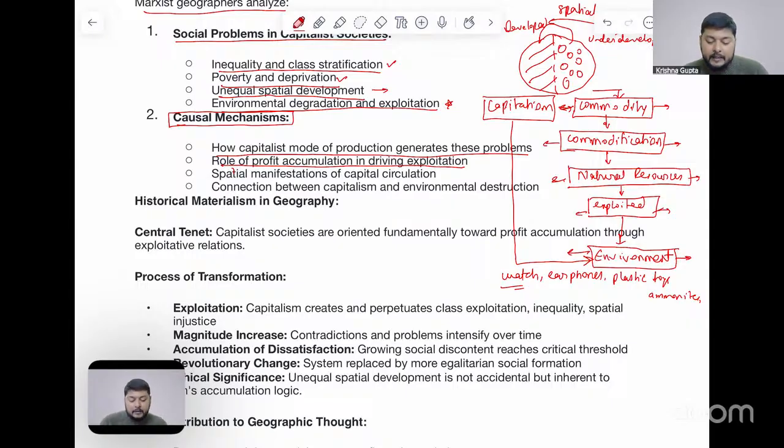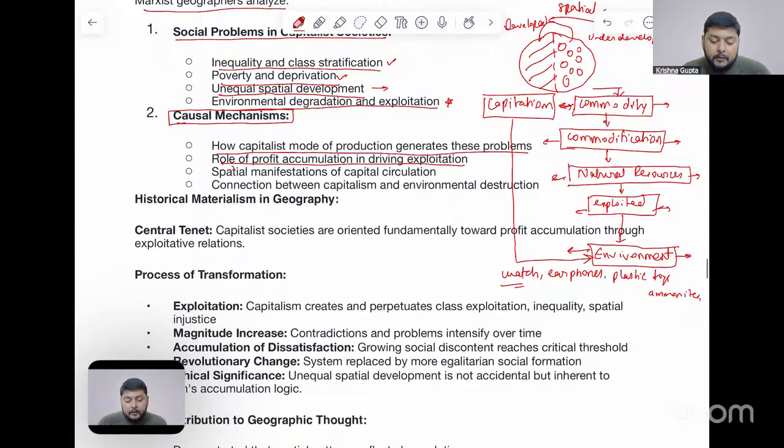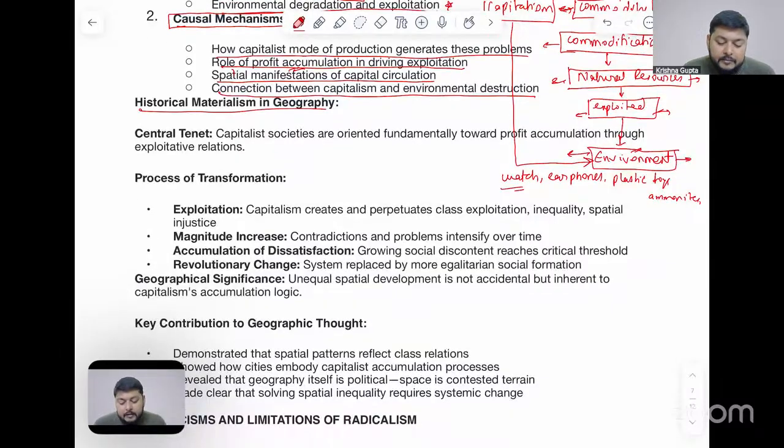Therefore, the role of profit accumulation in driving exploitation is also seen. The spatial manifestations of capital circulation can also be seen by the flow chart that we have drawn here. Then the connection between capitalism and environmental destruction can also be seen, that capitalism is resulting in the destruction of the environment. Historical materialism in geography.